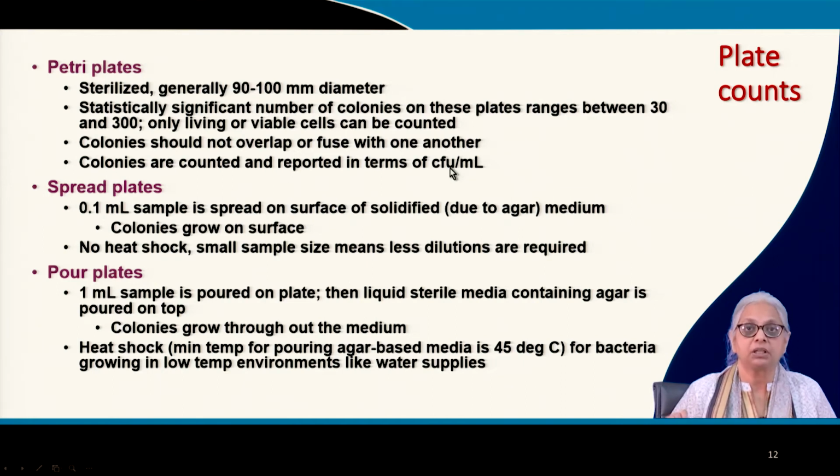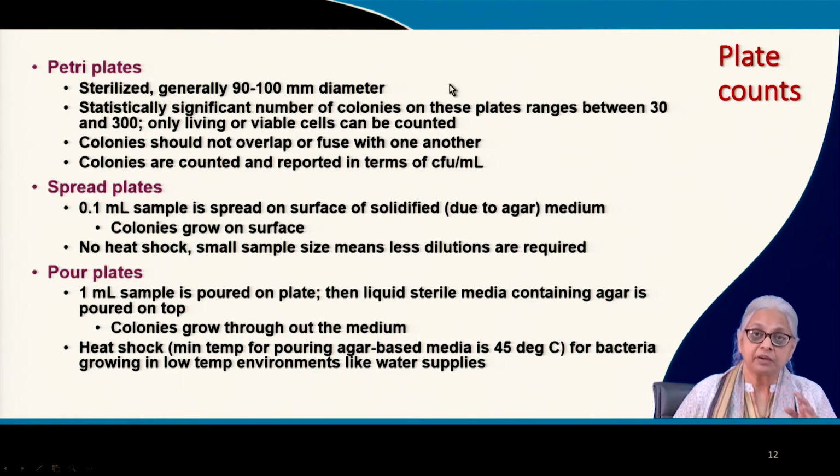CFU stands for colony forming units, and those are indicative of the number of living or reproducing cells in your sample. And these colonies should not overlap or fuse with one another. This also can be quite challenging because you need just the right amount of dilution to be able to get this kind of result.